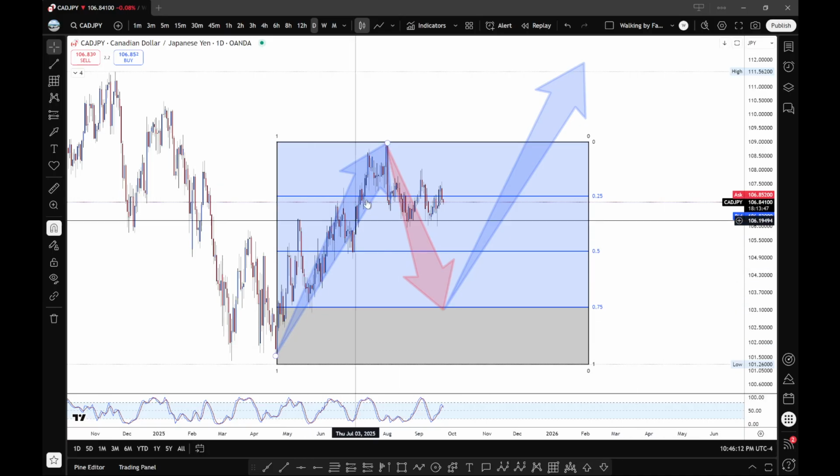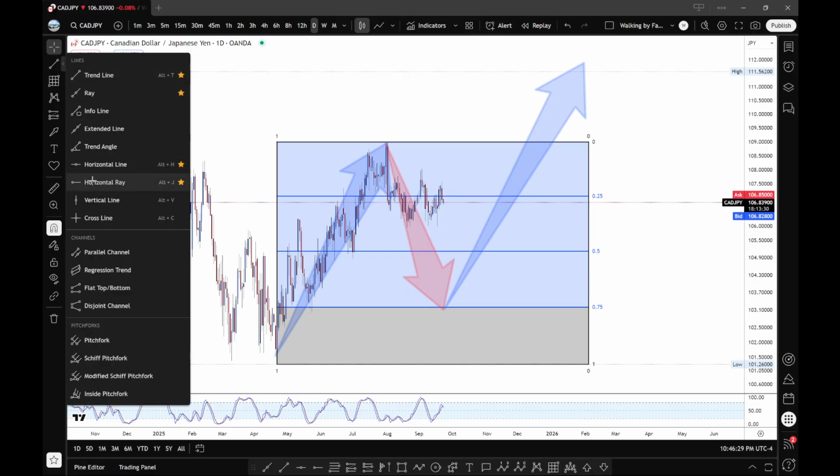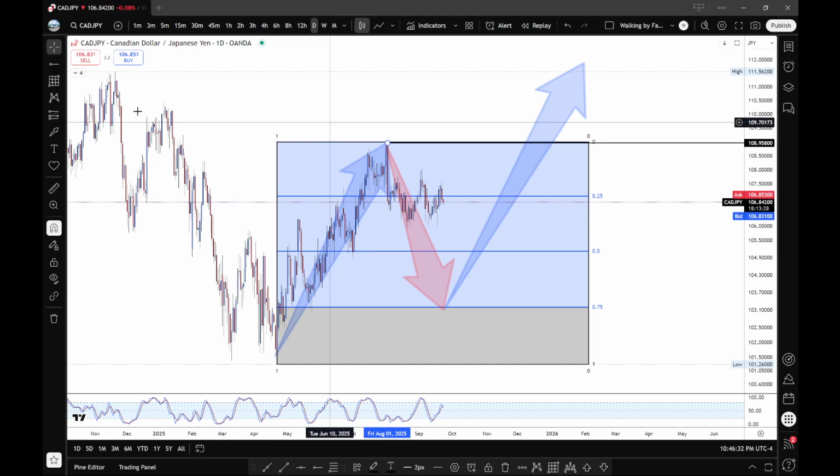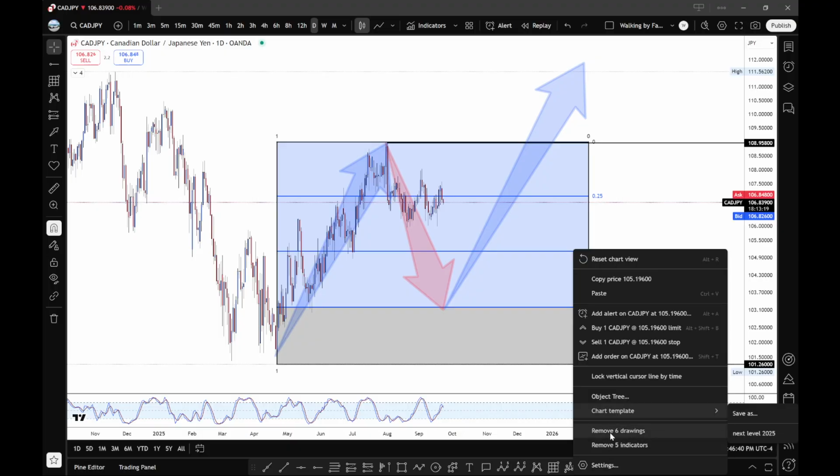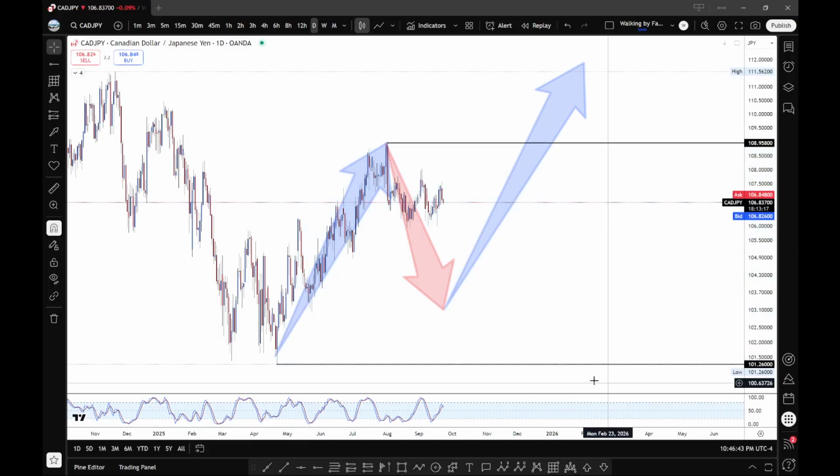So if this is the enforcement move and this is the retracement, right? Our internal liquidity is everything inside of this range. So from this swing high to this swing low, right? From this swing high, this swing low to this swing high, this right here is internal liquidity, right?